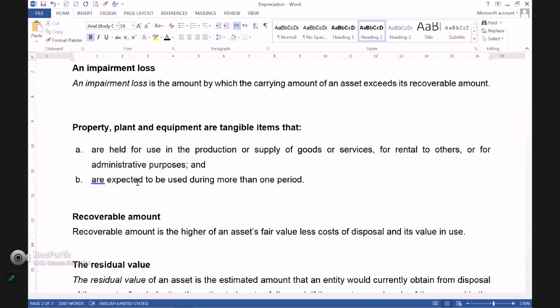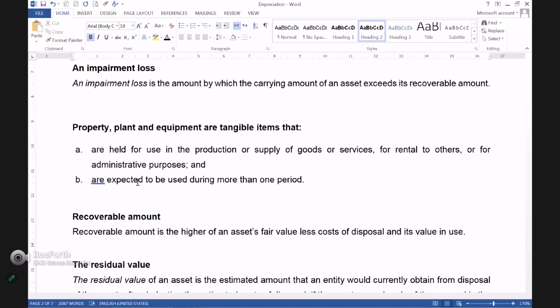Are expected to be used during more than one period. So you have to use the machinery several times per day. It will be used for the batch of production. Sometimes there are 2 or 3 batches of production done by the particular machinery. So that is used for more than one period. Sometimes it may be used 5 years or 10 years, like that.